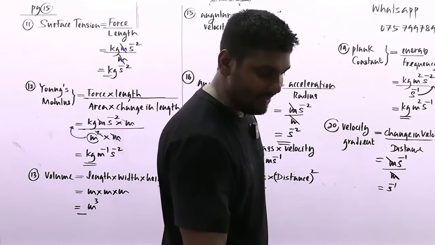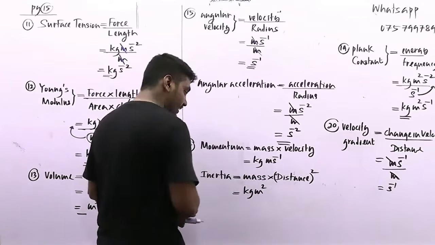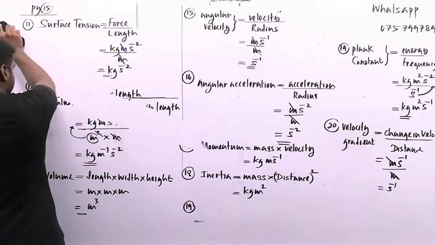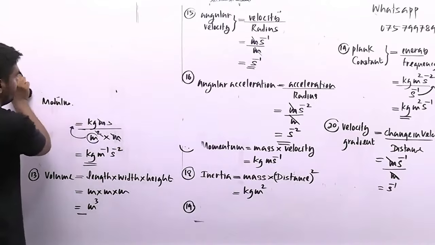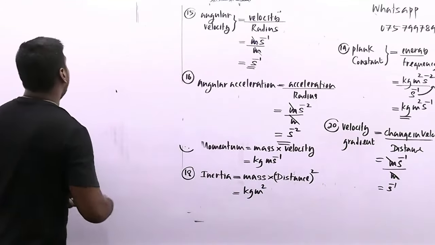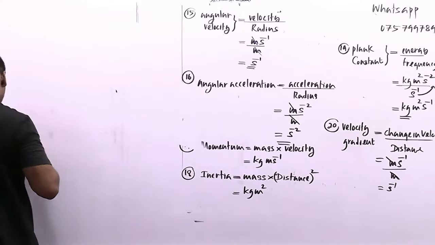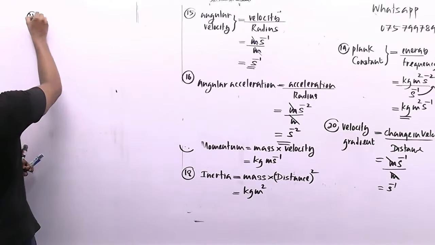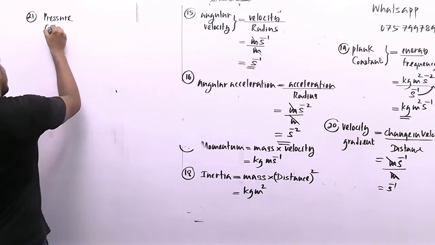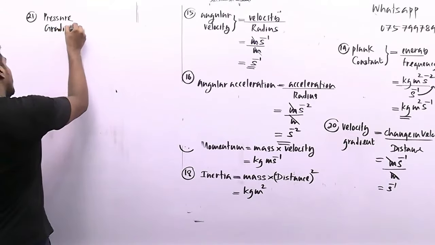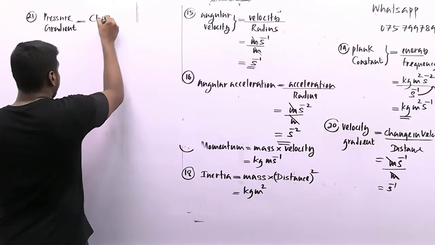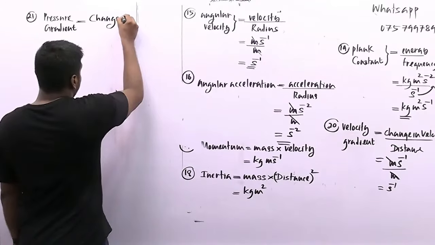Then pressure gradient means change in pressure over distance. Pressure gradient, that is what? Change in pressure over distance. Question 21, pressure gradient equals change in pressure over distance.